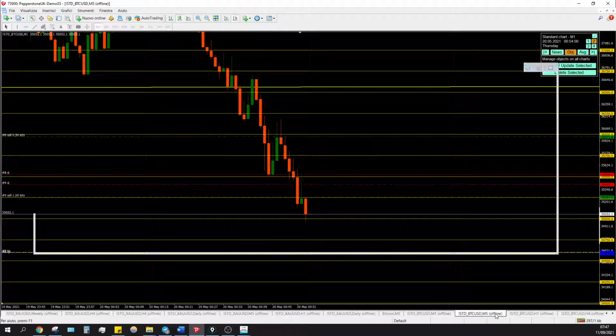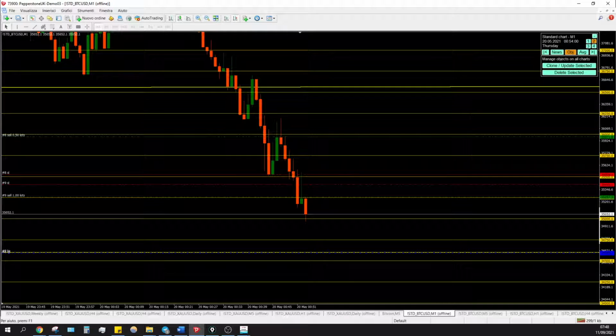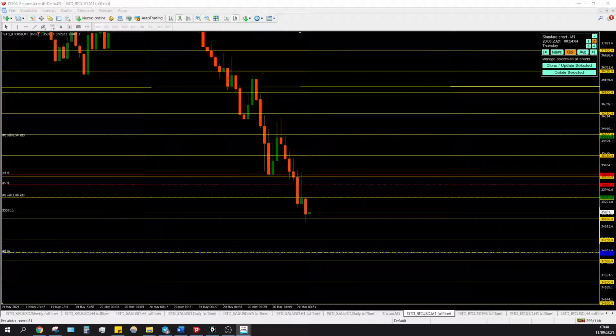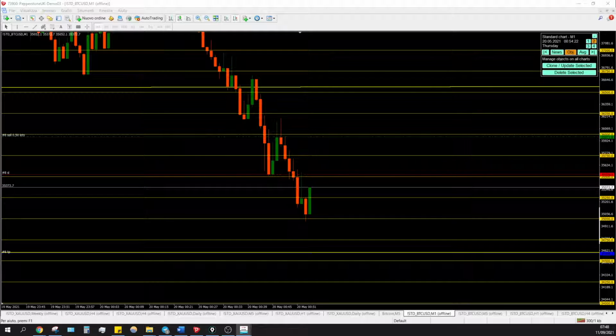Where are we on the 5 minutes? We are at this big PSA. I expect the price, if it goes at least to retest this level, here, 1 minute. Okay, don't break above, doesn't break above, it does.